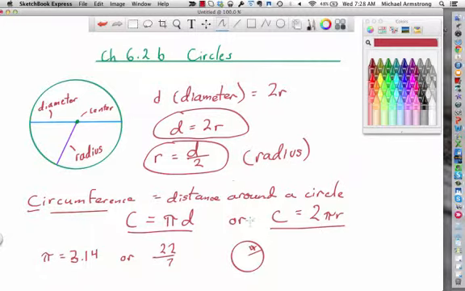Okay, so if we're looking for the distance around, that's the circumference. With C equals, we're going to use this formula, 2 pi r, which is the same as 2 times 3.14 times the radius, which is 4. So use your calculator. 2 times 4 is 8, and then 8 times 3.14.